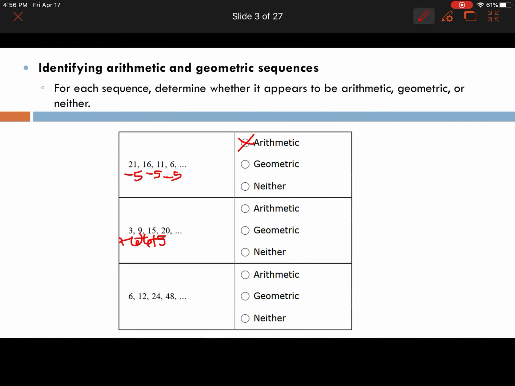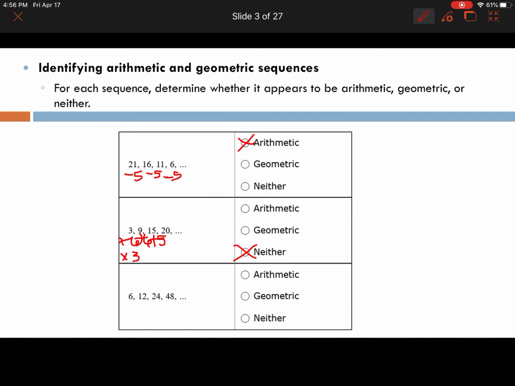So 3 to 9, we multiply by 3. From 9 to 15, we would have to keep multiplying by 3, but if we multiply 9 by 3, we should get 27. So it's not geometric. So this one is neither.